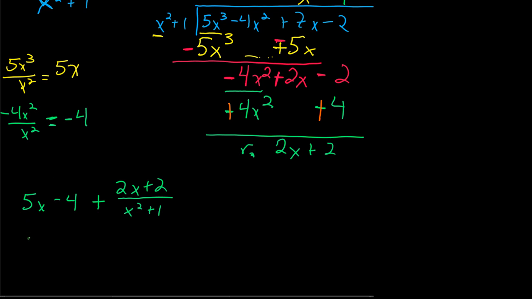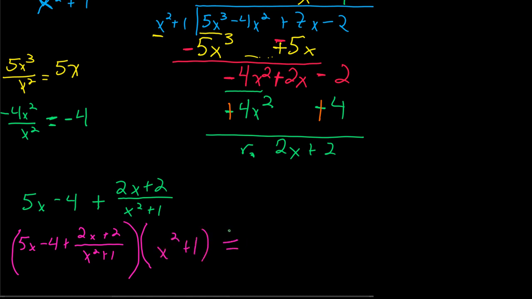So this 5x minus 4 plus 2x plus 2 over x squared plus 1 as a factor times x squared plus 1 should equal, we'll put our question mark here because we're checking, 5x cubed minus 4x squared plus 7x minus 2.